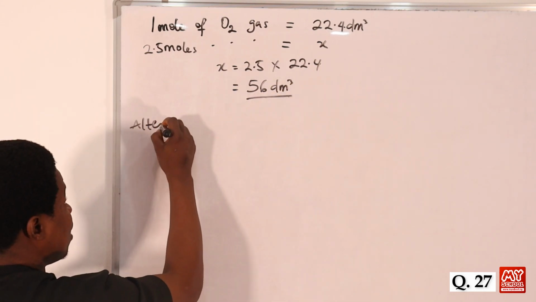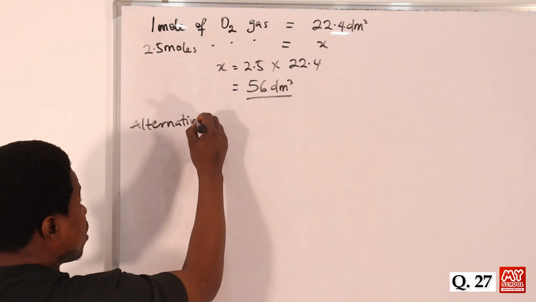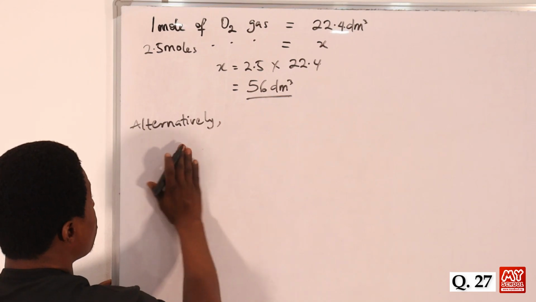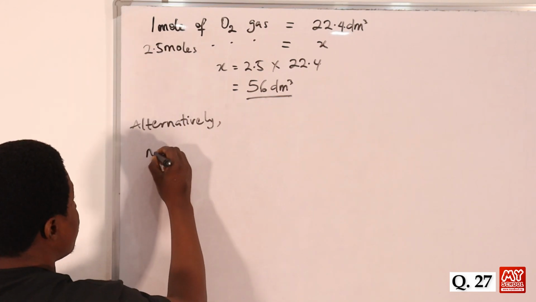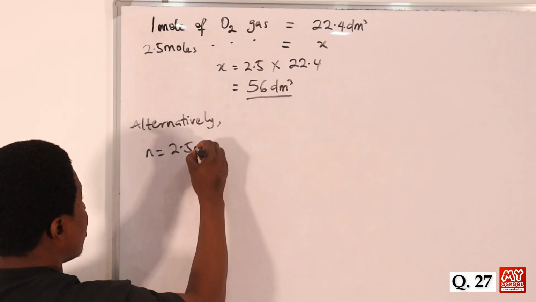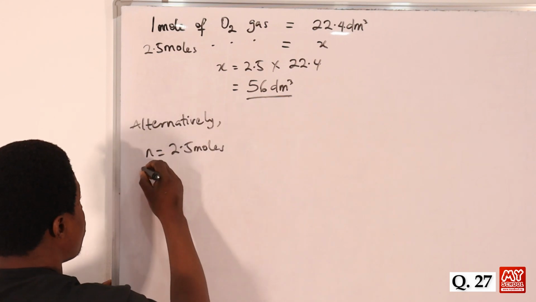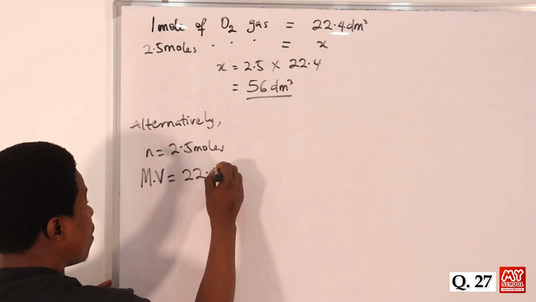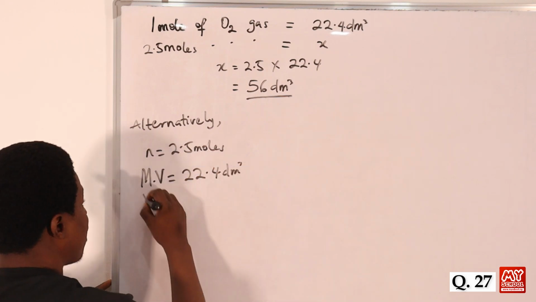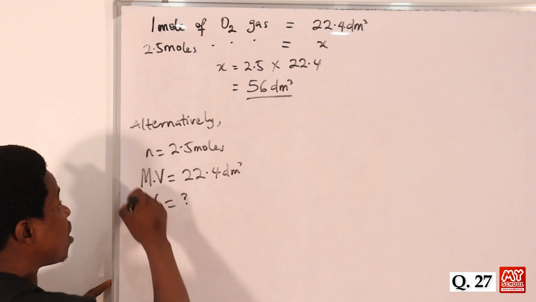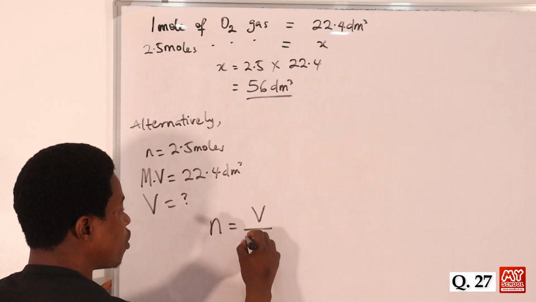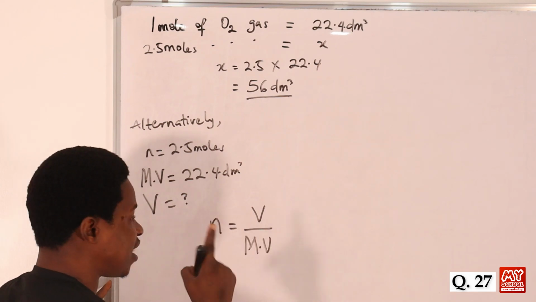Alternatively, you can use the formula method. Number of moles is given as 2.5 moles, and we are also given the molar volume at STP, which is a constant 22.4 dm3, and then you have to find the volume. There is a relationship between these three: number of moles equals volume over molar volume, for gases.